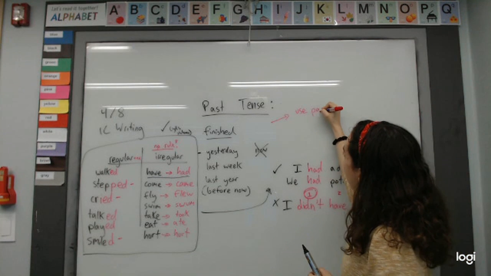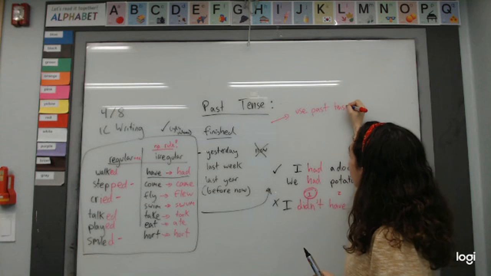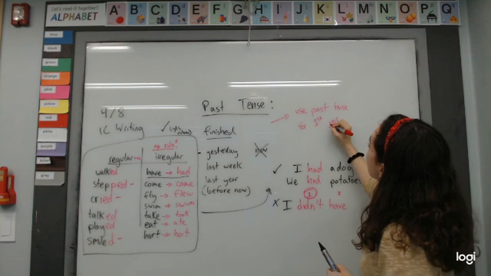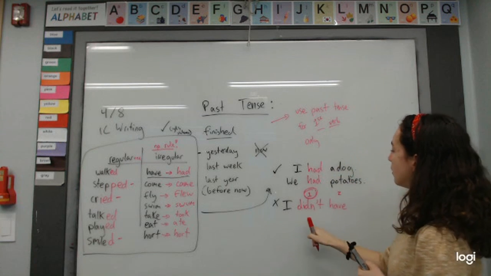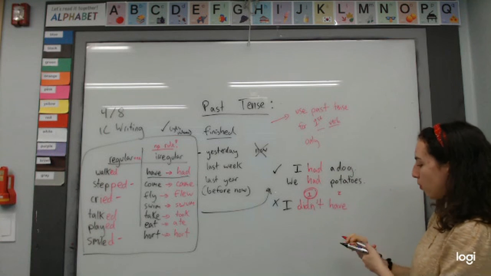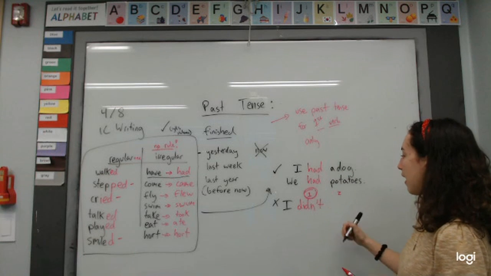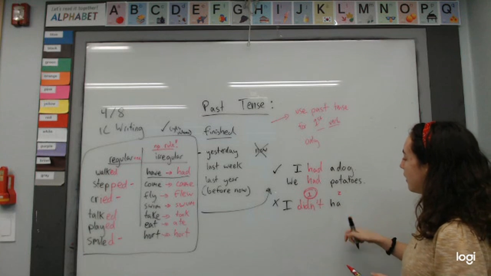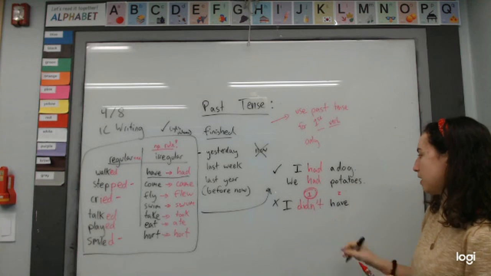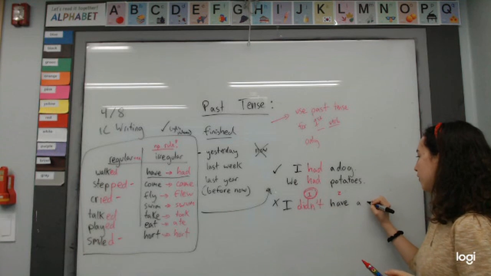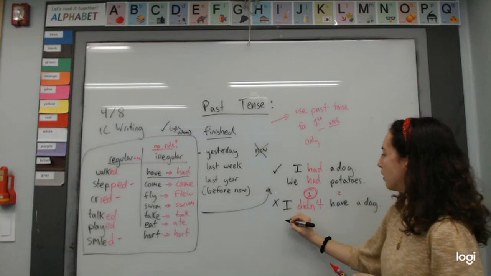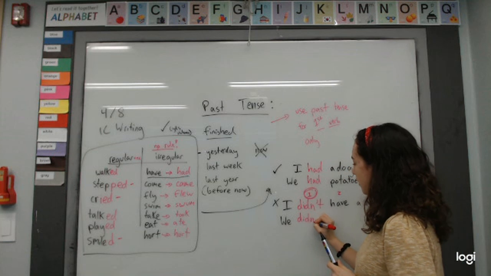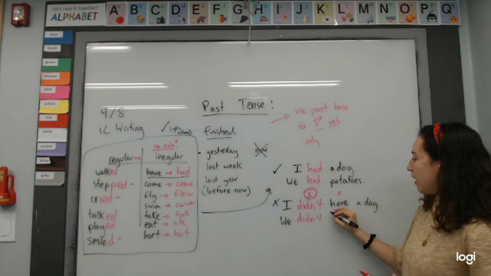Use past tense for the first verb only. Okay, so didn't is past tense. Have, we use the present tense word. We don't say I didn't had. We say I didn't have. So I didn't have a dog. And we didn't have potatoes.